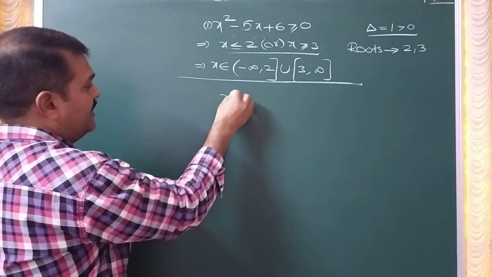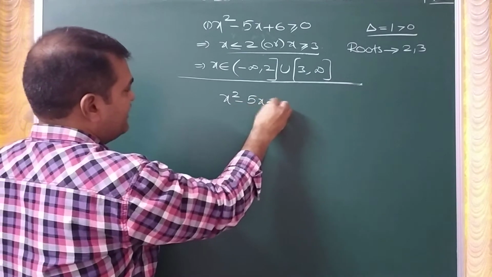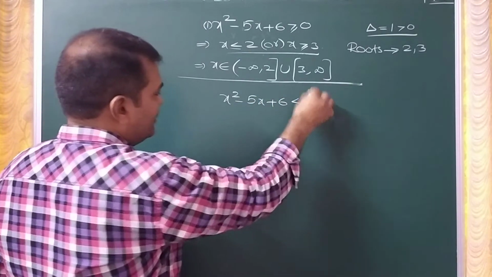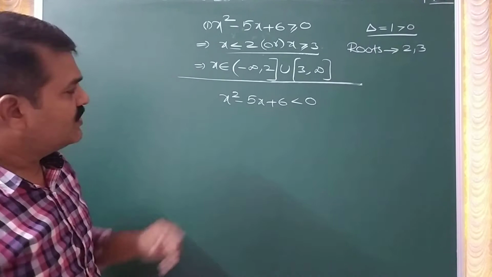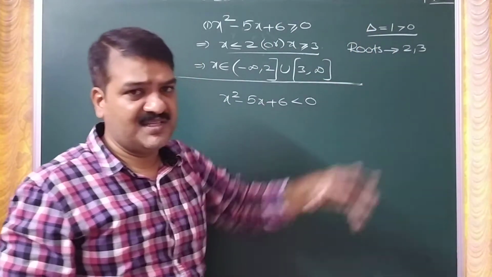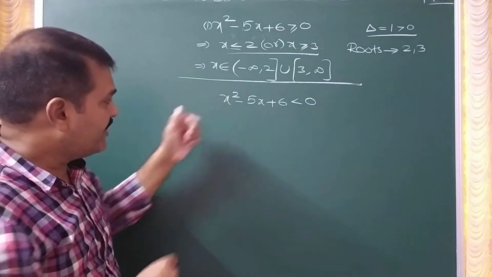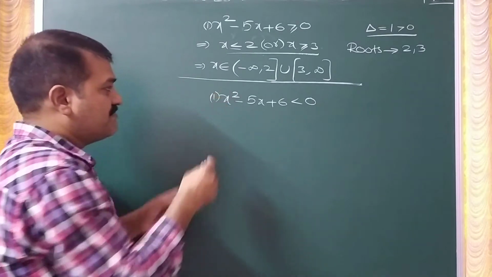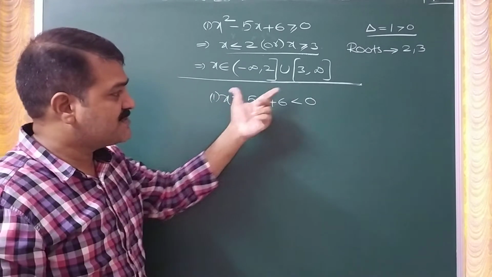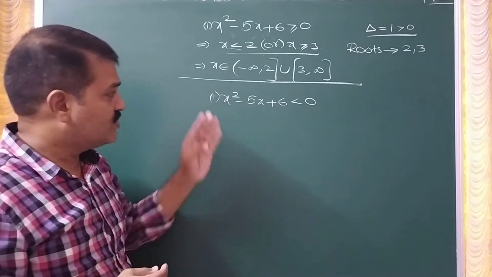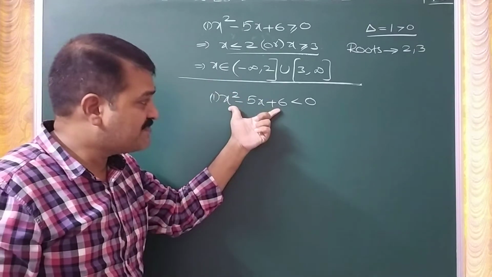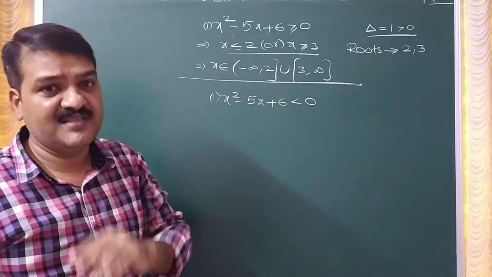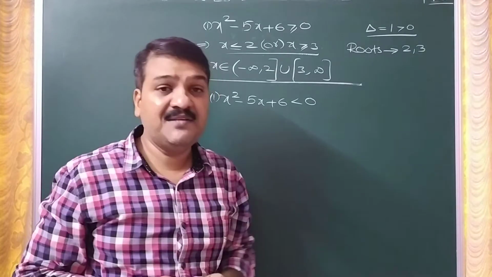For example, say x squared minus 5x plus 6 less than 0 is there. Roots are the same, all this discussion is the same. So the coefficient of x squared is positive and the expression is negative. So the coefficient of x squared and the expression have opposite signs. When will that happen?